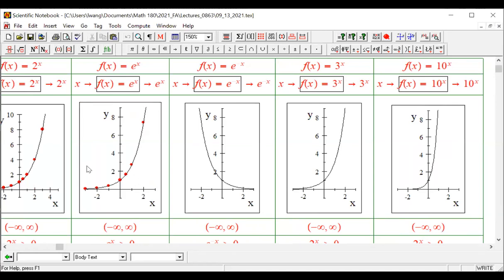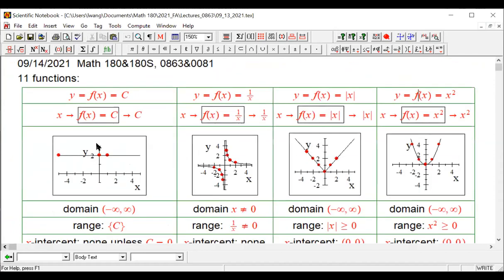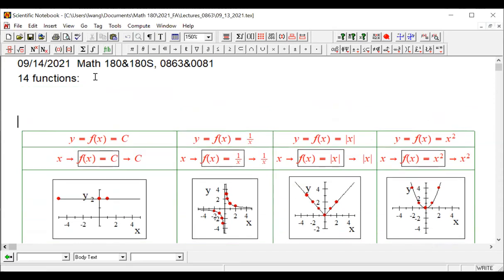You can create many more. What you can do is choose any two functions and add them.